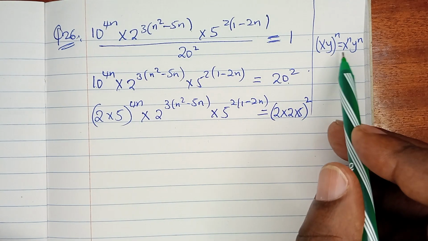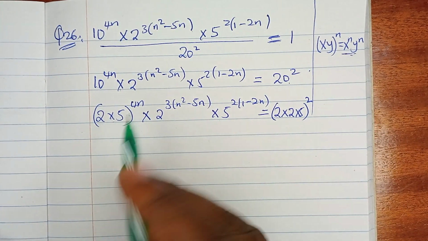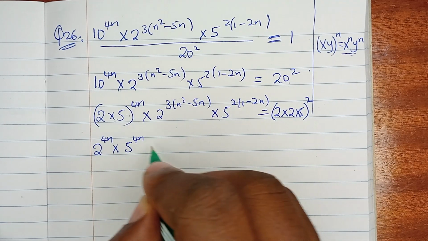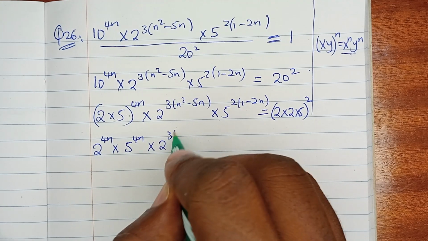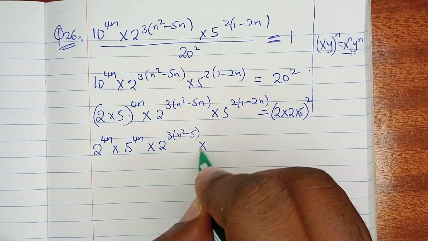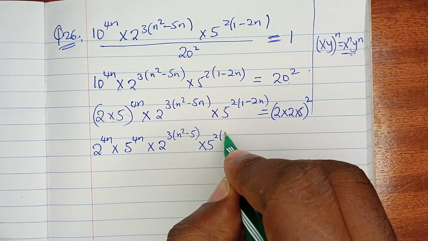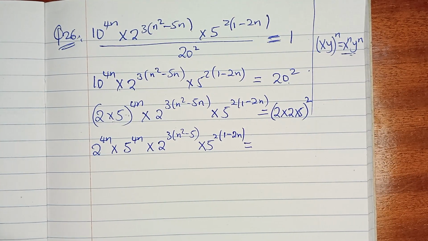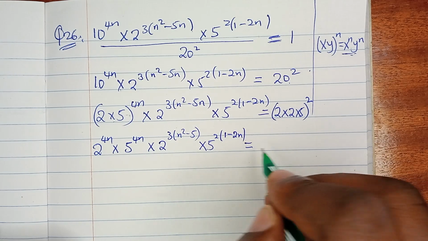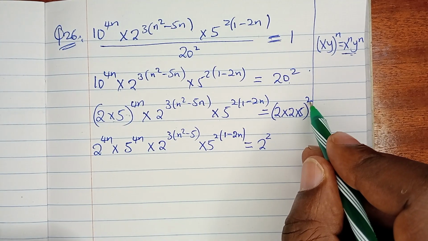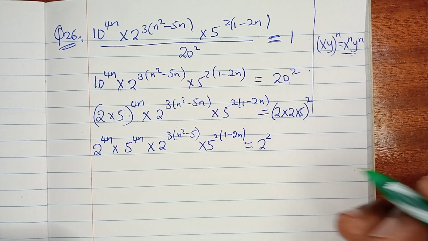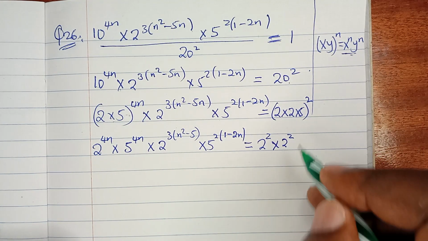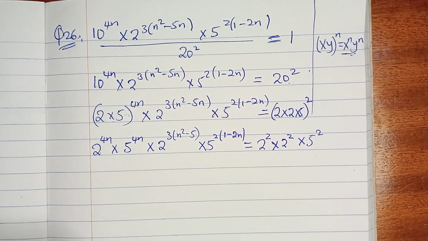And according to this rule, we can separate this and have 2 raised to power 4n times 5 raised to power 4n times 2 raised to power 3n squared minus 5 times 5 squared raised to power 1 minus 2n is exactly equal to 2 squared, because this power affects each one of the terms in the bracket independently, times 5 squared.